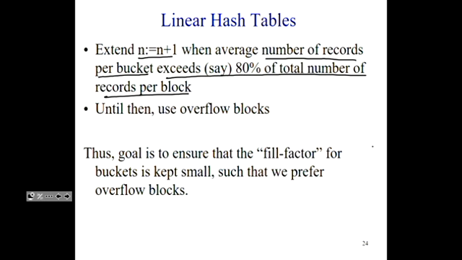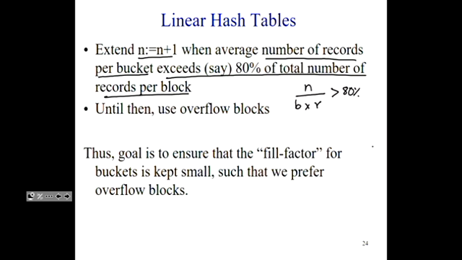So what that means is, let's say n is a total number of records, b is the number of buckets, and r is the number of records per block. As soon as this exceeds 80%, I want to increase n to n plus 1.